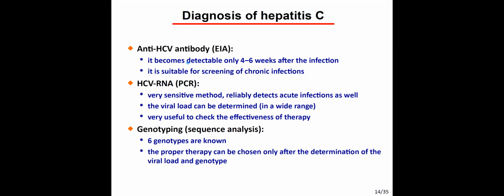This is why it's very difficult to vaccinate against it, because if you use one type of virus, there is still another type of virus that can infect the body. The proper therapy is usually chosen after determining the genotype or genetic sequence analysis. This is how patients suffering from hepatitis C infection are treated.